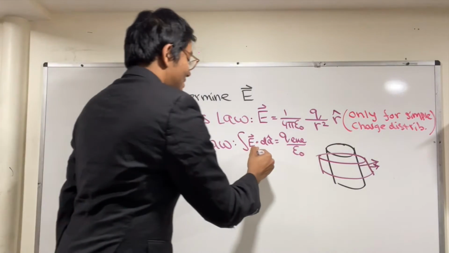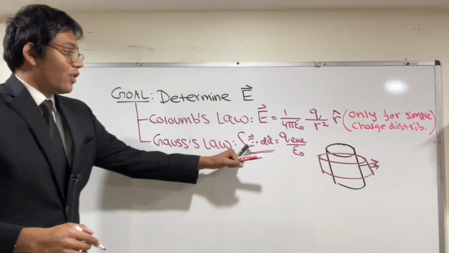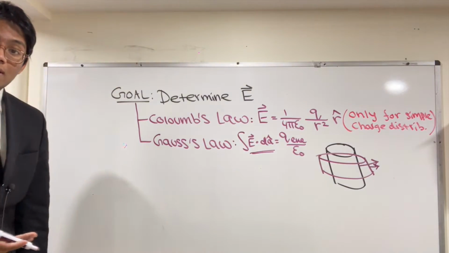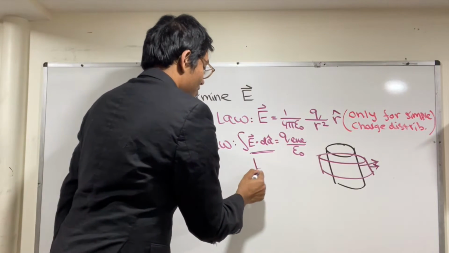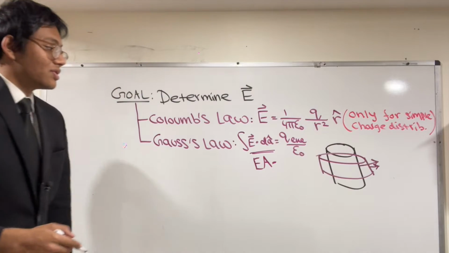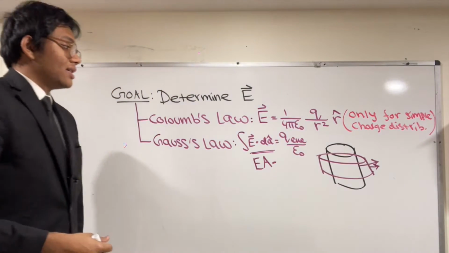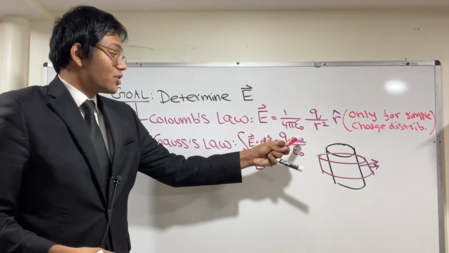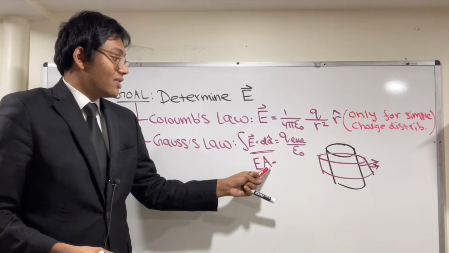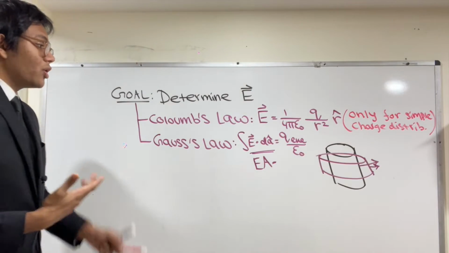And so since this dot product involves two vectors that are parallel, you can just multiply them. You can multiply the electric field's magnitude with the surface area of your Gaussian surface. And from there on, you can figure out the charge enclosed. And if you know the charge enclosed and you know the surface area of your Gaussian surface, you can easily find the electric field. So that's the whole point of Gauss's law.